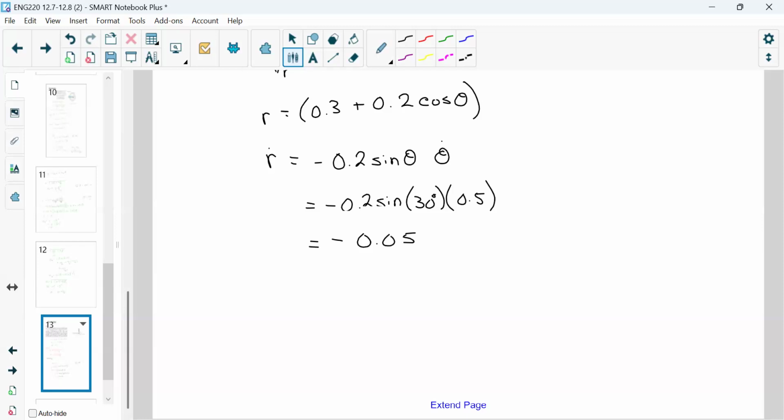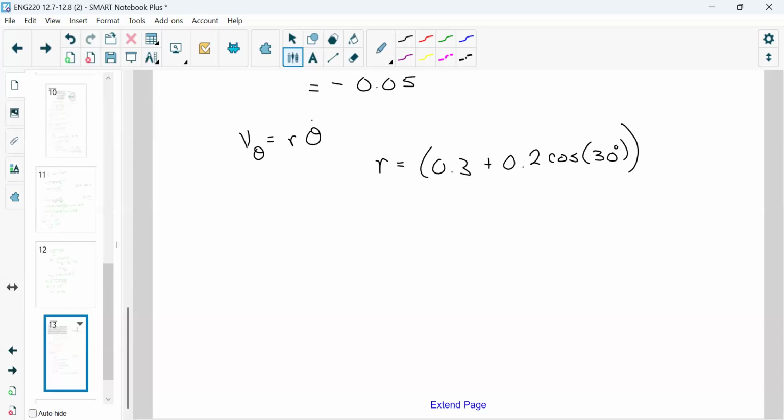So let's go ahead now and find our V sub theta, which is then going to be r theta dot. Now we need to plug 30 degrees into our original r. That's going to be 0.3 plus 0.2 cosine of 30 degrees. I know that's square root of 3 over 2, but give me a decimal.